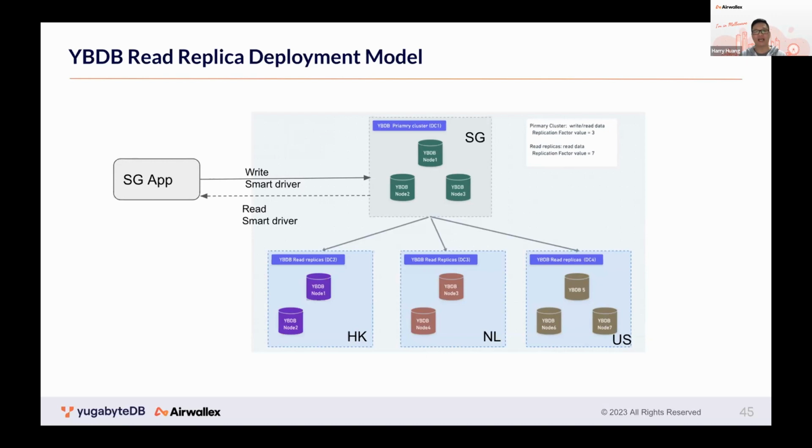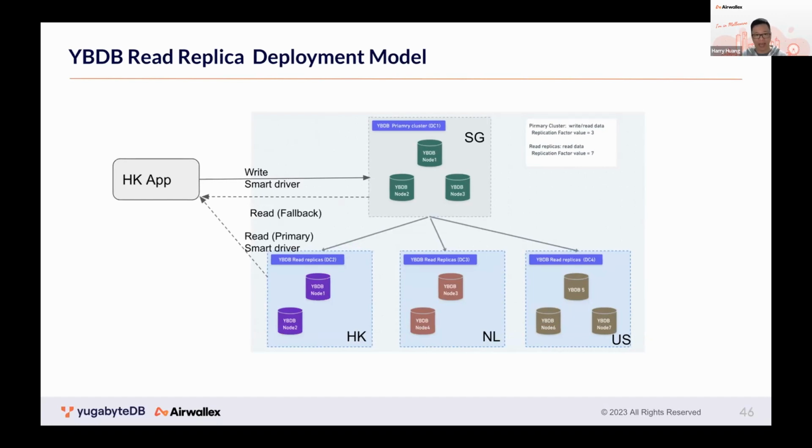But the write latency actually is less of a concern because the configuration doesn't change that frequently. So from this example, if you have an app located in Singapore, you can read and write from the Singapore master, and the smart driver will handle load balancing across all those nodes to make sure every node has an even load.